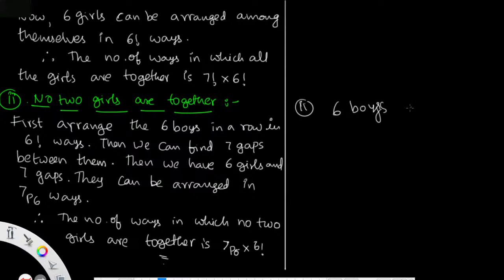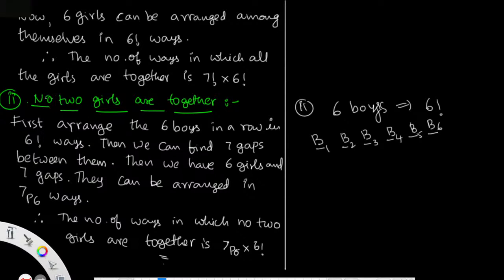6 boys are arranged row-wise, and that can be done in 6 factorial ways. So I am just writing boy 1, boy 2, boy 3, boy 4, boy 5, boy 6. First arrange them.